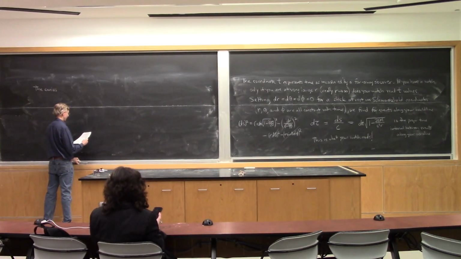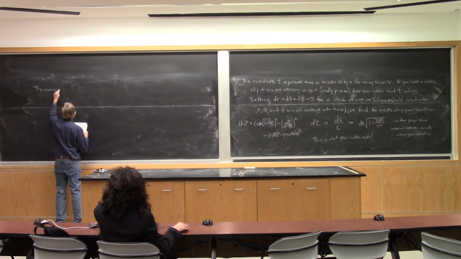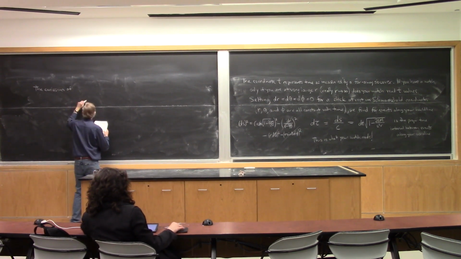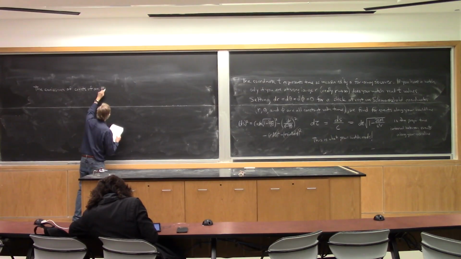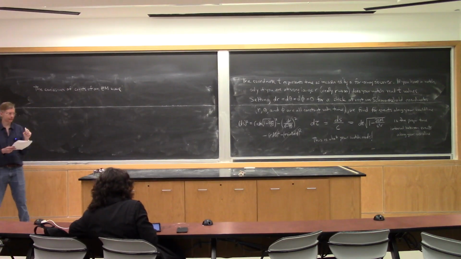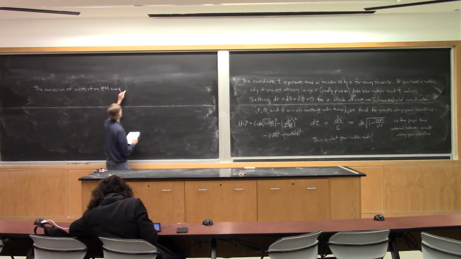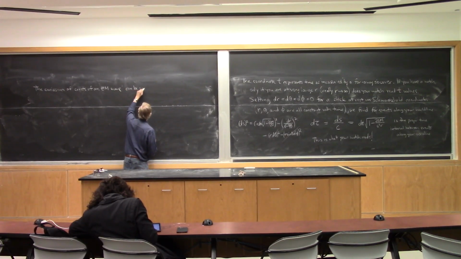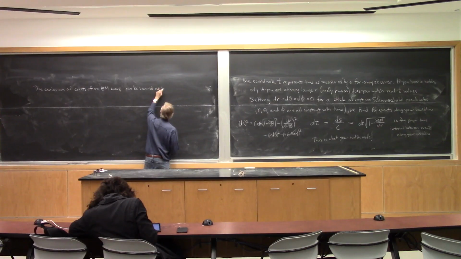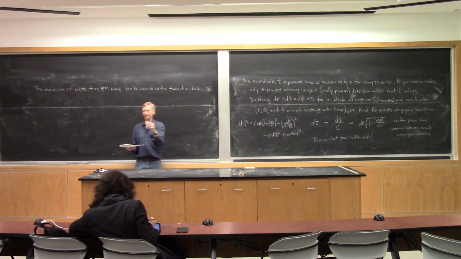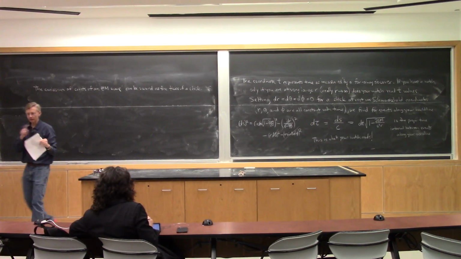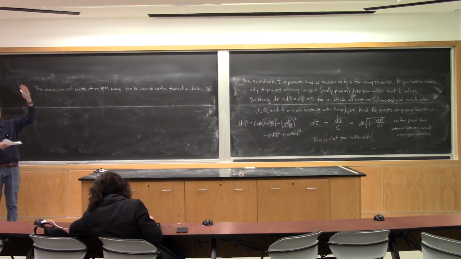So okay, I'll just keep writing what I got in here. The emission of crests of an EM wave, what do I mean by EM? Electromagnetic wave, can be viewed as the ticks of a clock. Like when we were talking about the building, you've got a clock that's ticking every time a wave crest is emitted next to it.